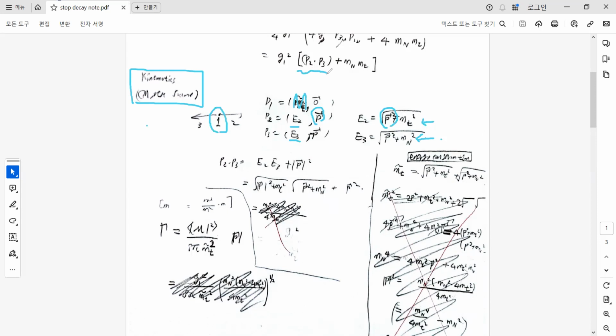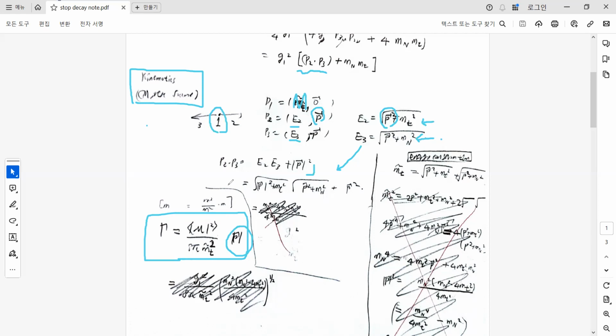It's a very simple case. There is no propagator in this diagram. And p2 dot p3 is given by E2 E3 plus p squared. By inserting these relations of E, p and m, we can use the Fermi golden rule for the CM prime with the two-body decay, and this p is the momentum of the daughter particles in the CM prime.